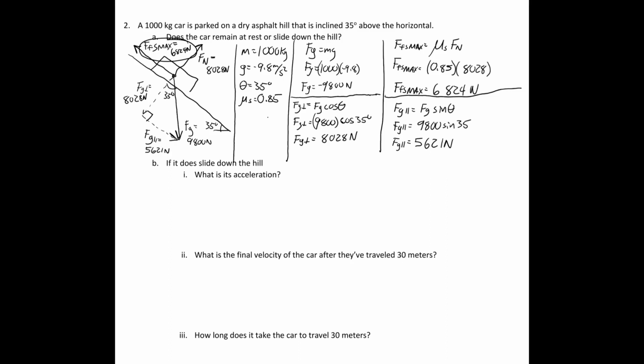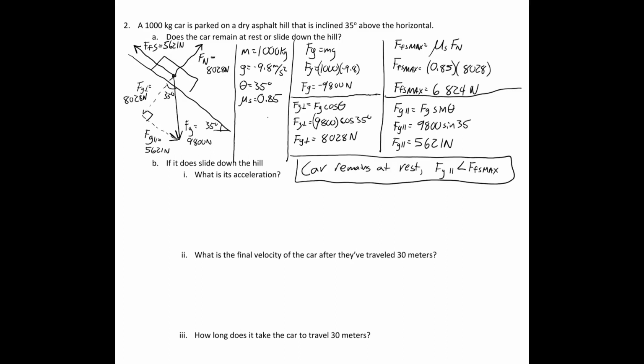Okay, so if we wanted to be more precise, now that we know what's going on here, technically we could write F_fs is equal to 5,621 newtons, showing that everything is balanced. This is equal to that, this is equal to that, and the car remains at rest.